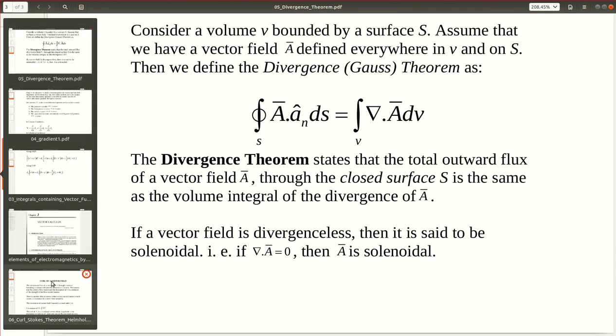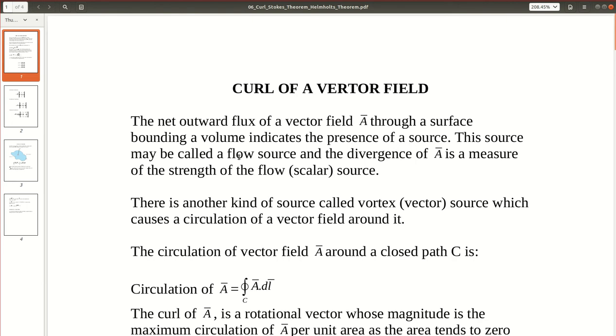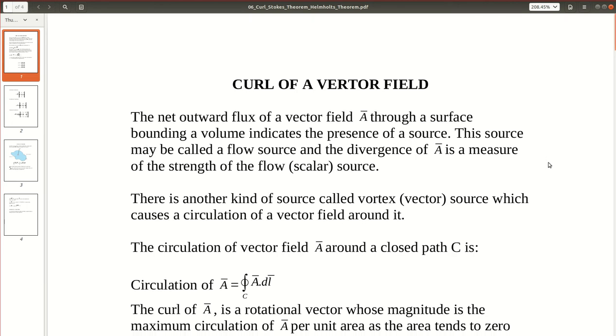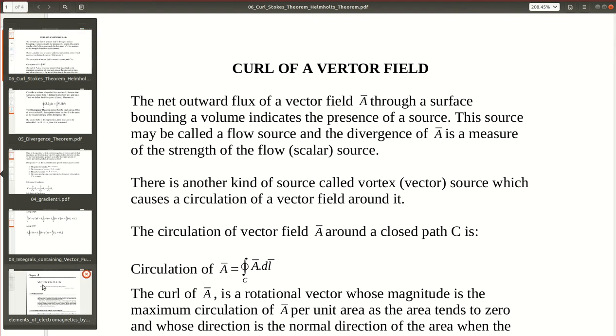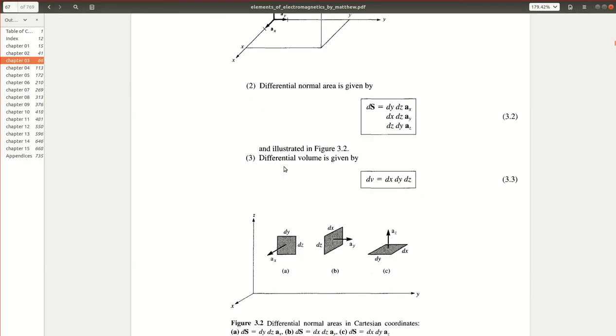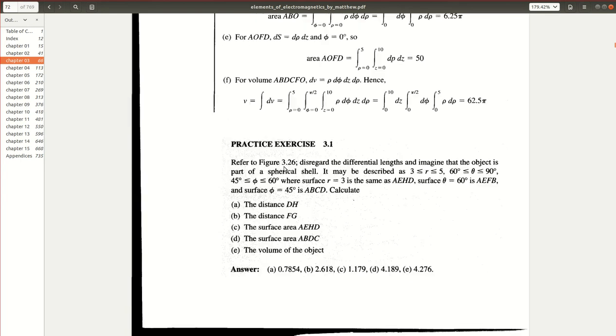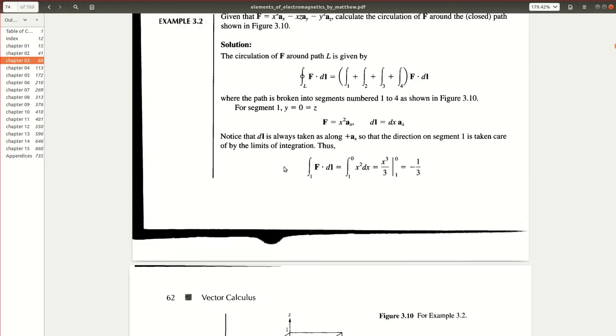Now the curl of a vector. Before we go to the curl, I want to show you something in the book. This is chapter 3.